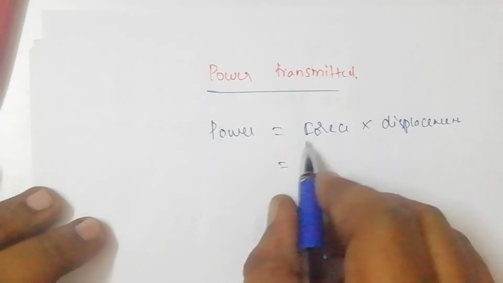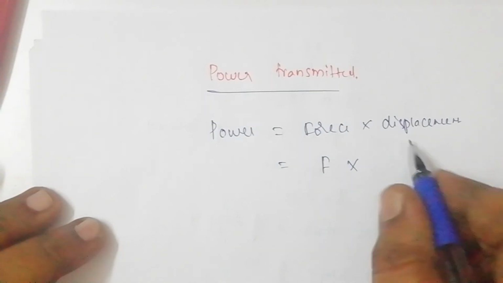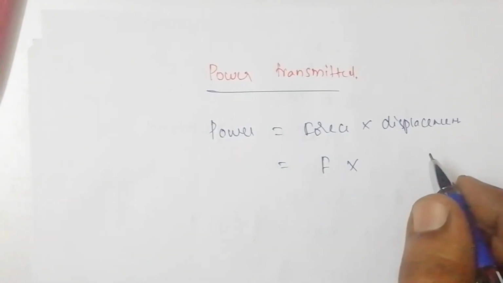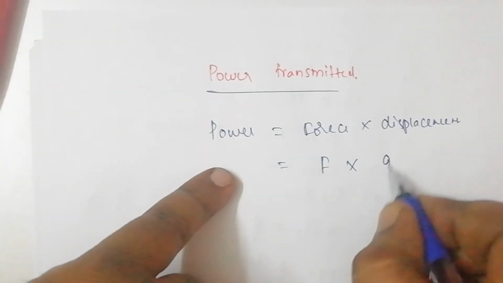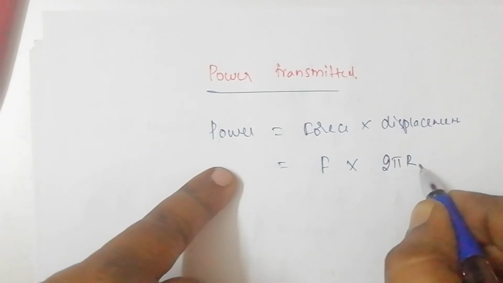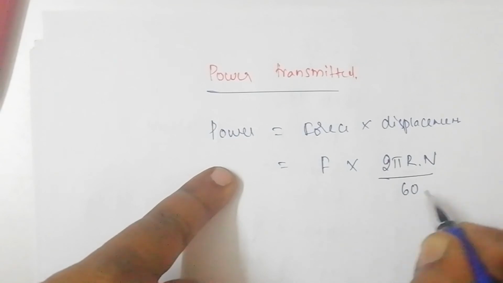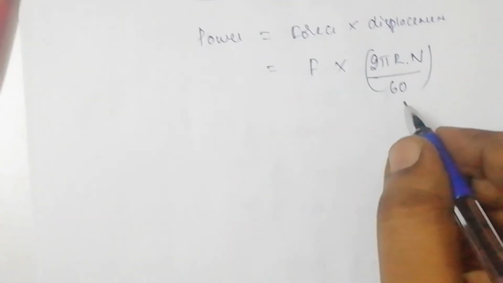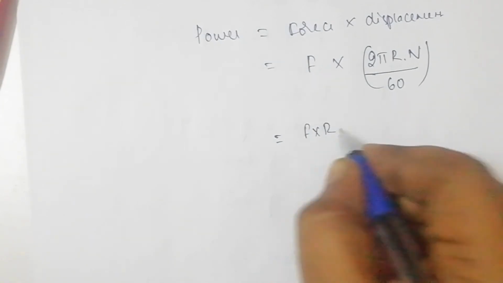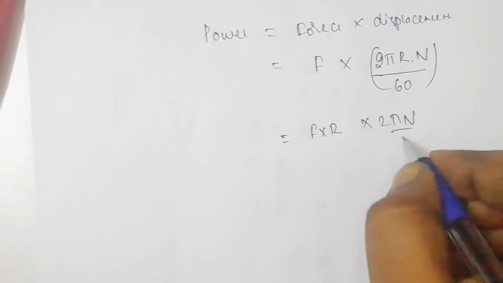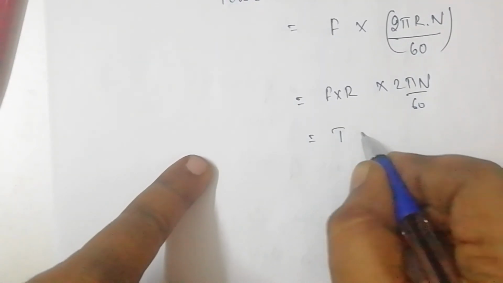The force here is the shear force, and the displacement is circular, so we write 2 pi r, the circumference of the circle, into the number of turns divided by 60. From here, F into R we can group, and F into R is nothing but T.